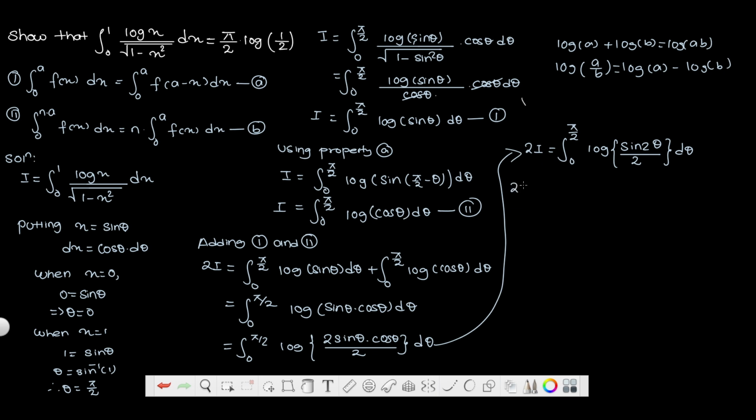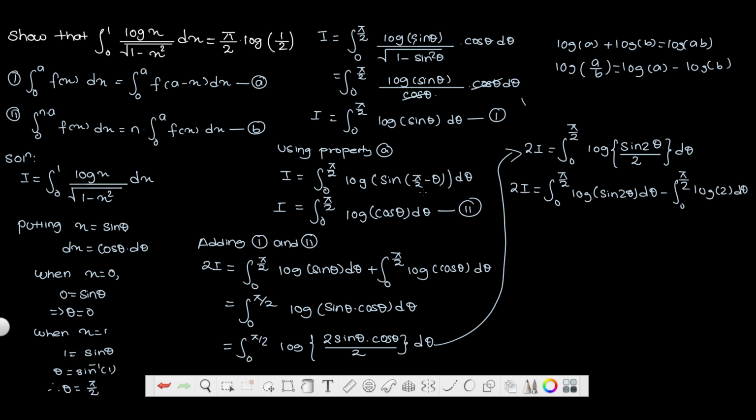So 2I equals 0 to pi by 2 log a minus 0 to pi by 2 log 2 d theta.